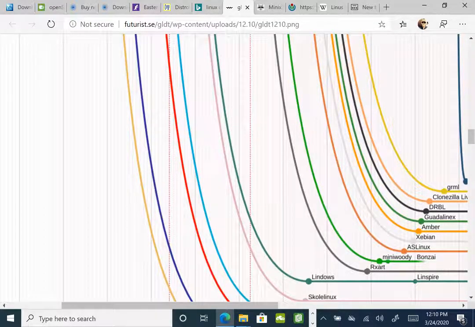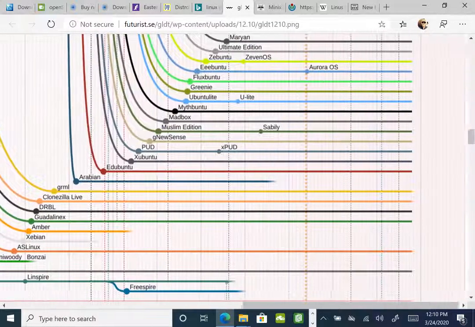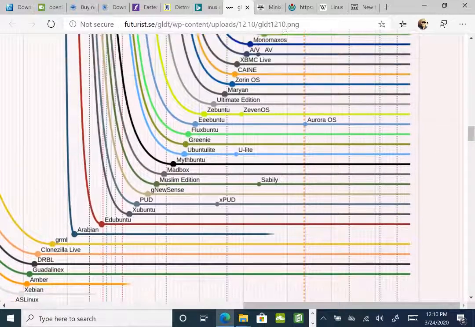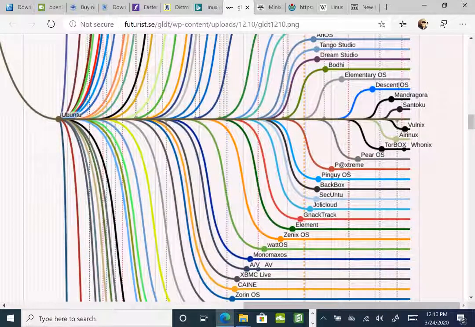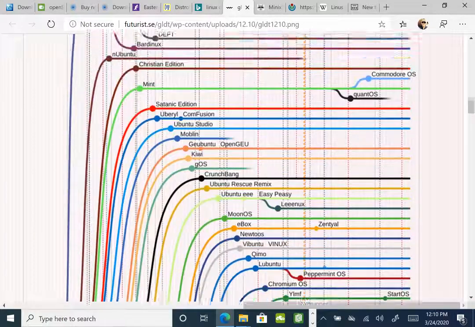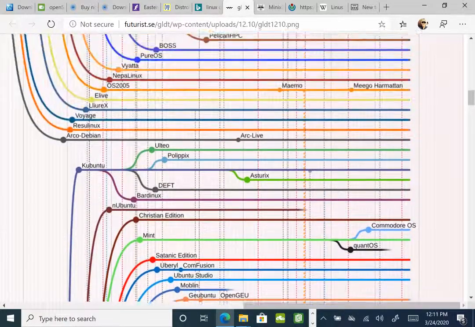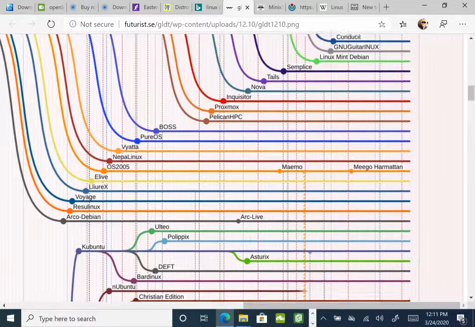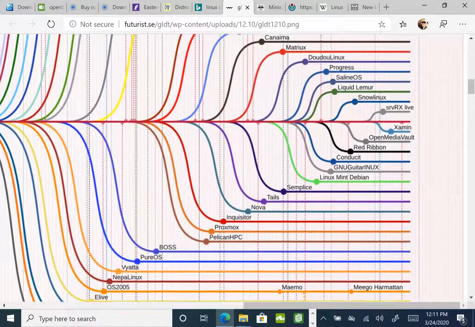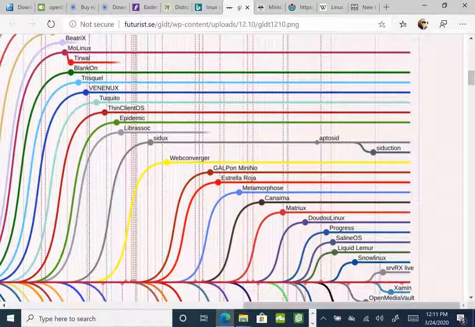Some of them, see, there's Lindows that became Linspire, and now it's FreeSpire. So what's the difference between these? Well, look and feel is definitely different between these. There's Mint, as I was talking about. That's a very, very popular one, Linux Mint. And they're all used for different things.